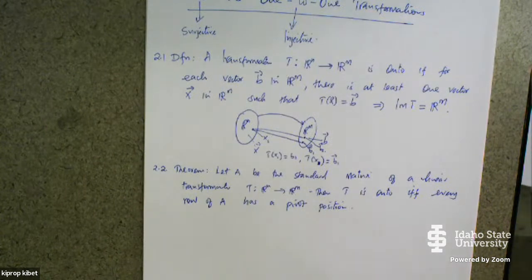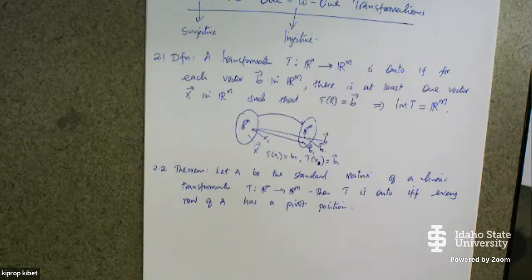So for this to be onto, the standard matrix, every row of A should have a pivot position. It can be a matrix like this: every row here, let's say that is 1, that is 0, let's say 2 and the rest there, and let's say 2 here.